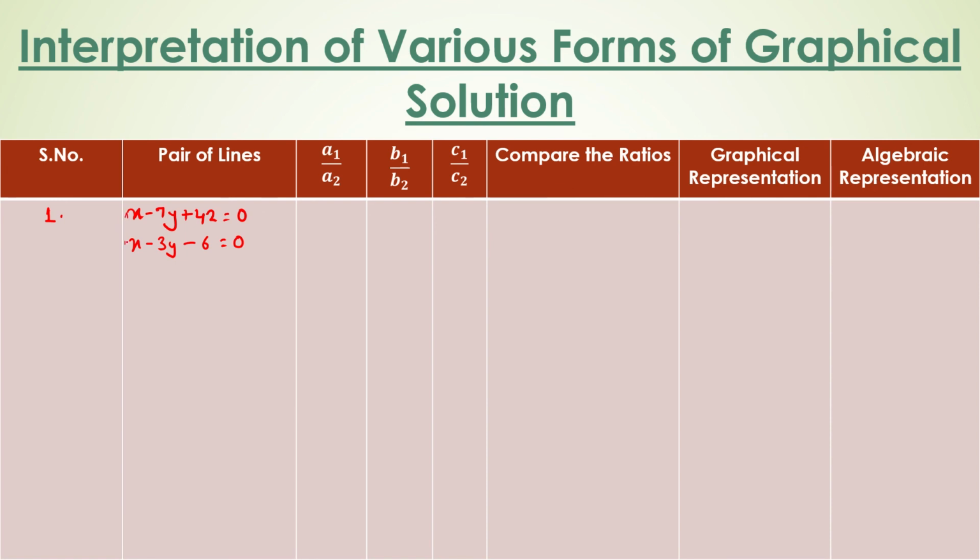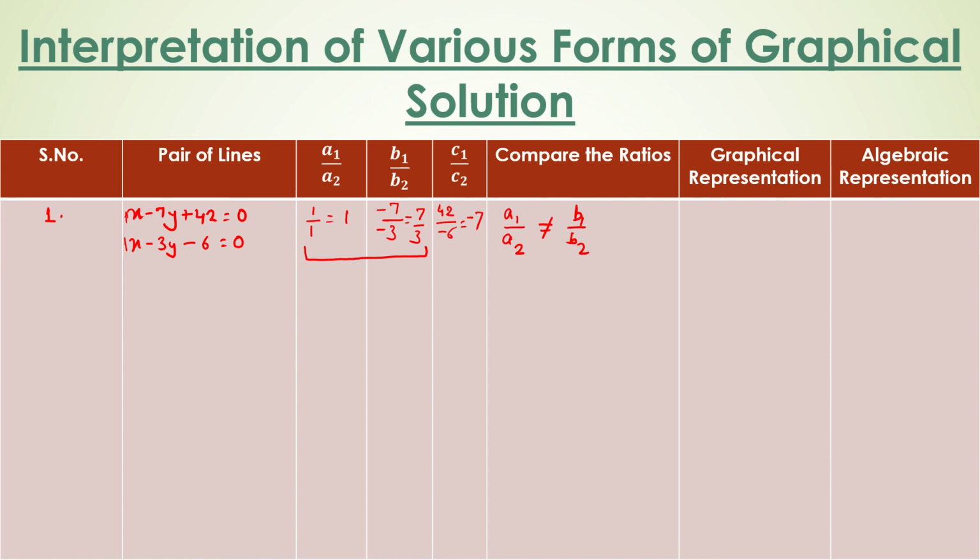Comparing with the standard form, we had a1 upon a2 as 1 upon 1, that means 1. b1 upon b2 was minus 7 upon minus 3, that means 7 by 3, and c1 by c2 was 42 upon minus 6, that is minus 7. So on comparing the ratios, we get a1 upon a2 not equal to b1 upon b2. This was the key observation over here.